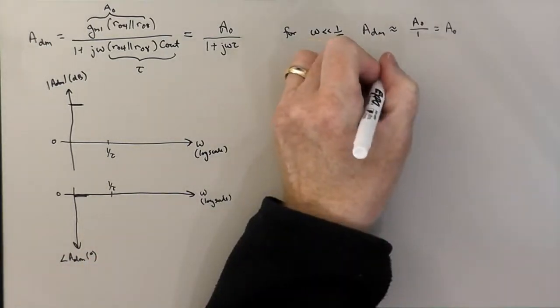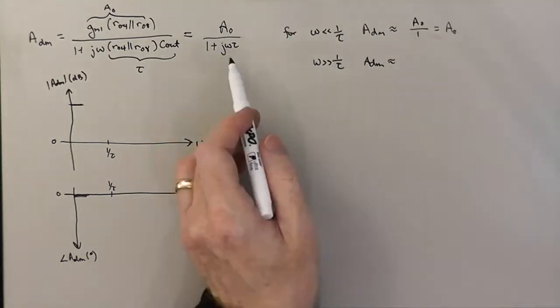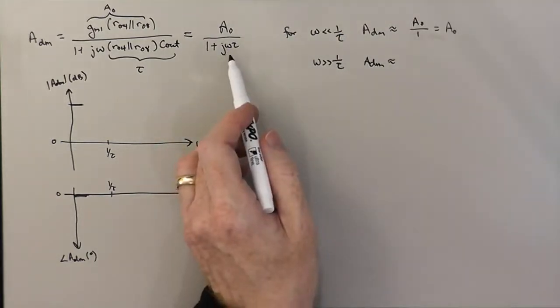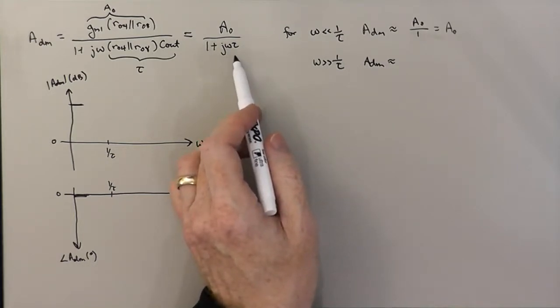ADM is going to be, well, if omega is much bigger than 1 over tau, then it's the imaginary term that's going to dominate down in the denominator.